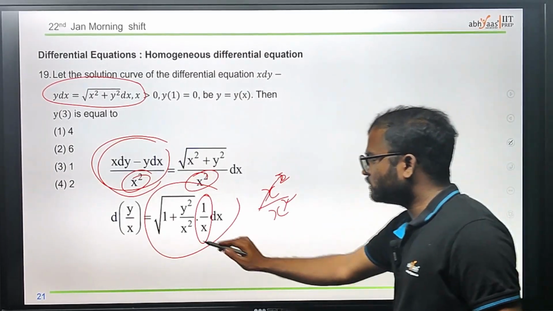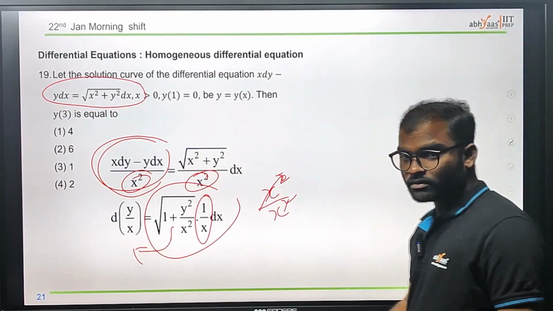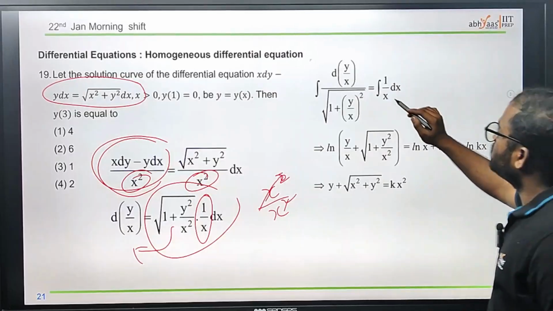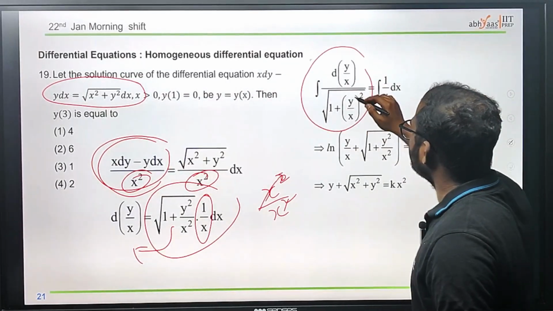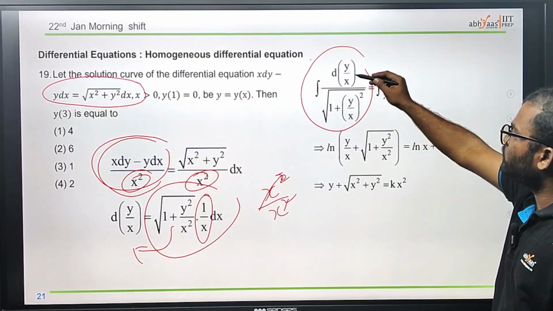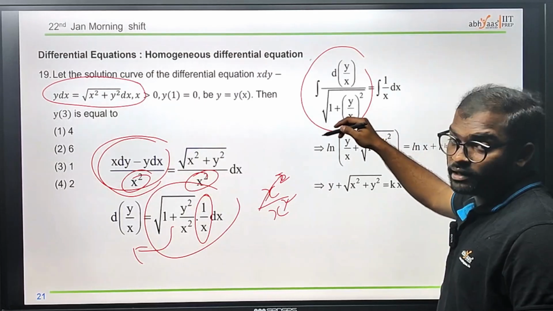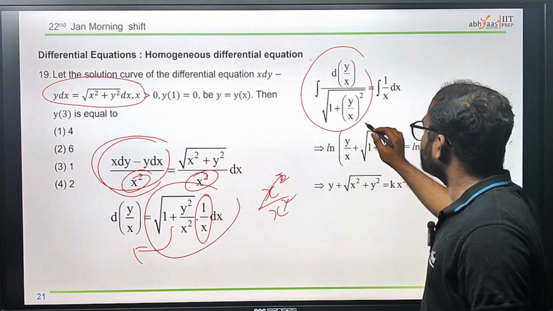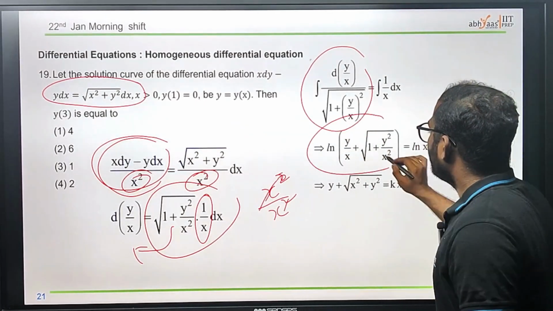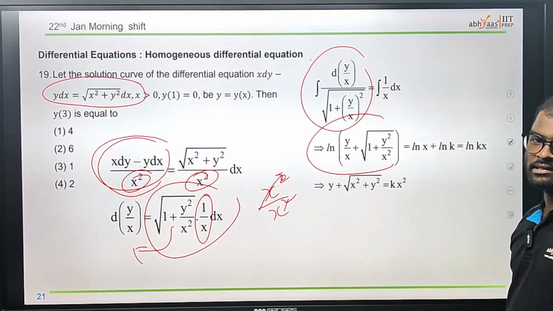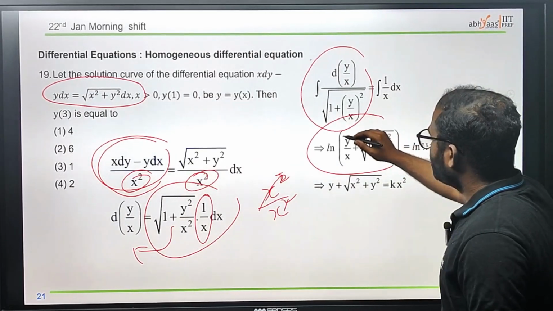Now take this side. That will be this type of situation here. If we differentiate, this one is the differentiation, and this one is in the under root form. For that reason we have the formula, log of x plus under root of 1 plus x square. Similarly, we take the y by x.